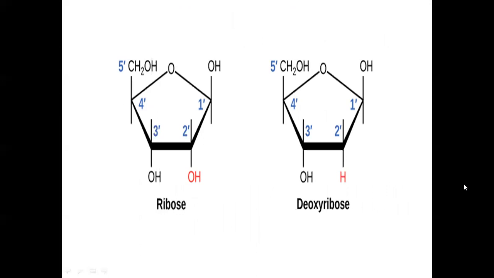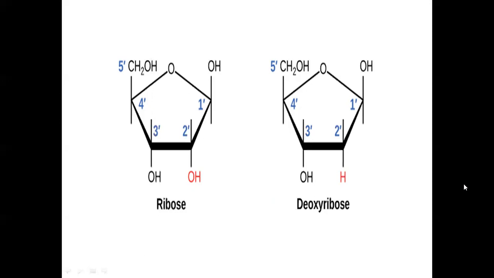It's a condensed furanose ring structure, cyclic structure here, D-ribose. This ribose has a hydroxyl group at the second position, whereas deoxyribose is lacking 1 oxygen at the second carbon. Here we are giving the numbers as prime, 1', 2', 3', 4', 5'.